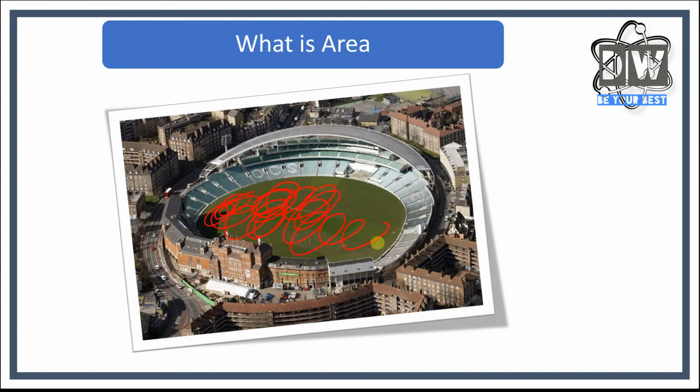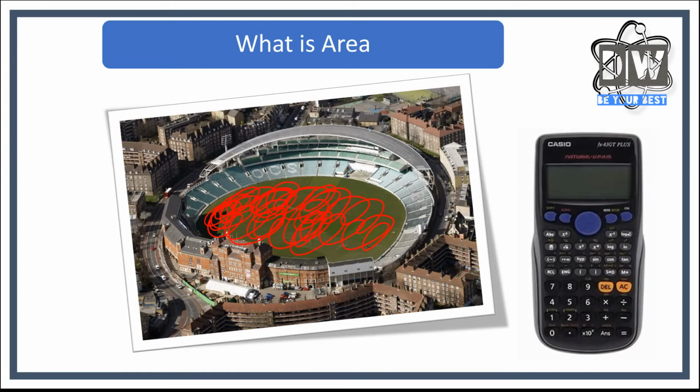Nice and simple, all that stuff in the middle of the shape, that's the area, and that's what we're looking for. Remember also that because it's area, our answers should be squared, centimeters squared.